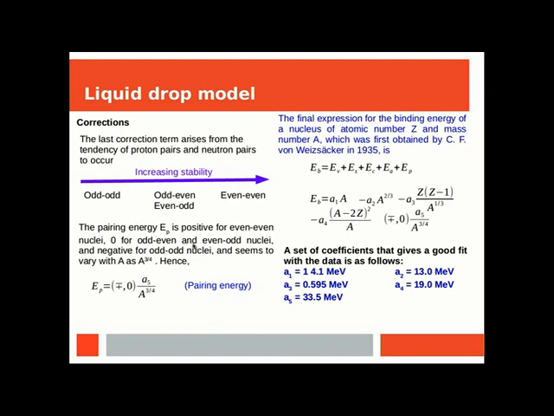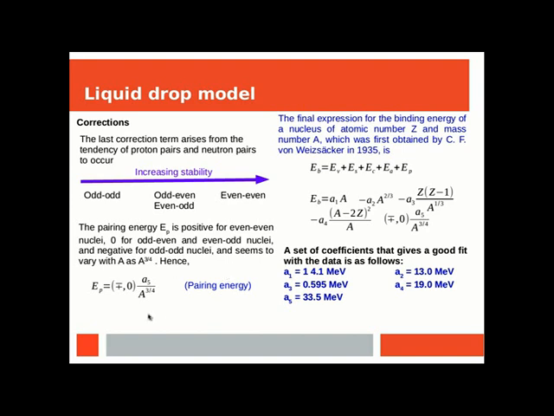However, if it has an odd number of protons or an odd number of neutrons, or both are odd, pairing is not efficiently possible, and some nucleons are left unpaired, so they tend to occupy higher energy levels. So the pairing is also playing a crucial role in deciding the binding energy, hence the stability of the nucleus.